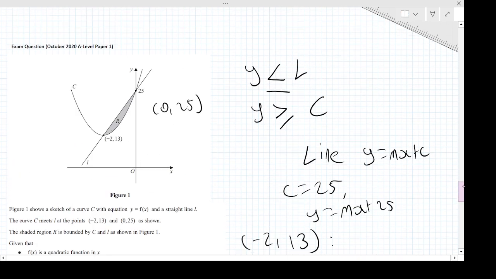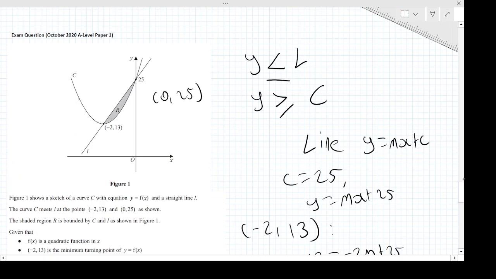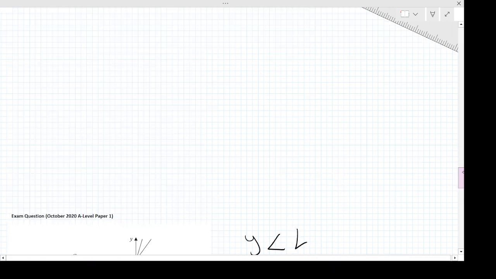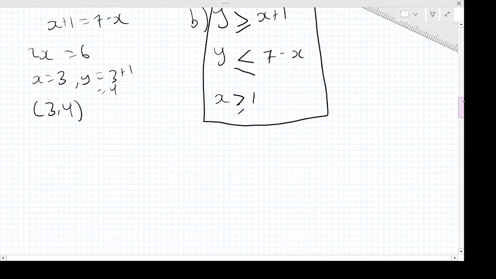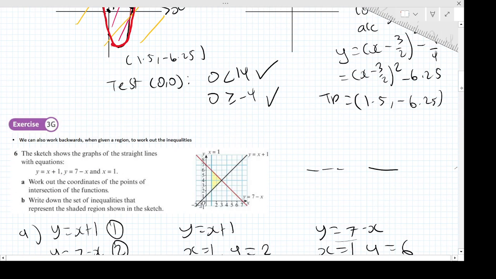Hopefully you can see what we've done about the inequalities. All we did was consider whether we want the region or the part of the graph to be above or below the given line or the given curve. That's all we've done there. And then we did some more stuff there. But yeah, hopefully that's sort of familiar.